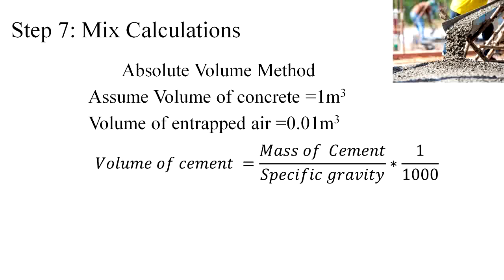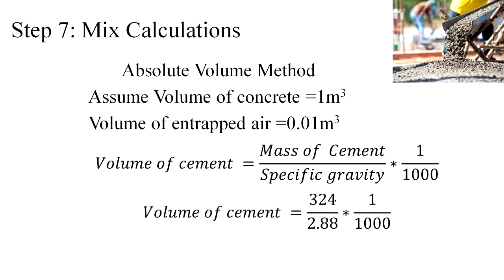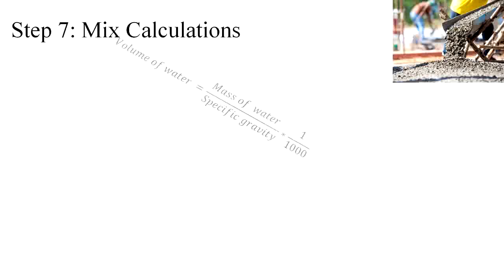The volume of cement is the mass of the cement divided by the specific gravity of cement, multiplied by 1 divided by 1000, where the mass of cement is already calculated. The specific gravity of cement is obtained from the test done beforehand, before starting the mix proportion design. By substituting the values, we get the volume of cement as 0.113 meter cube.